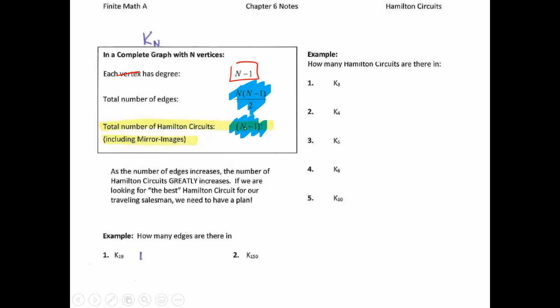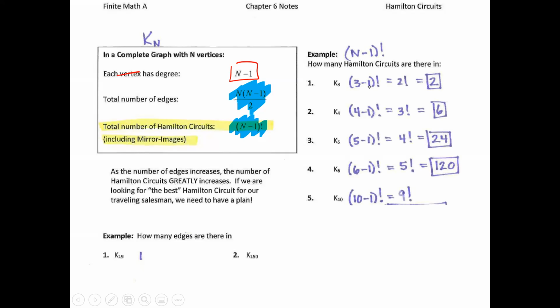Okay, so at this point, take a look at the answers. I want you guys to find the Hamilton circuit. Take a look at the answers here. You're just simply using the formula n minus 1 factorial. All right, so then with that said, how many edges are there? If you're looking for the edges, this is the formula you're going to be using.